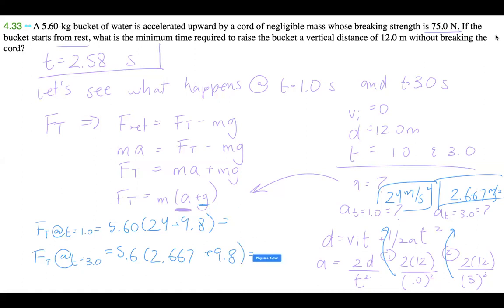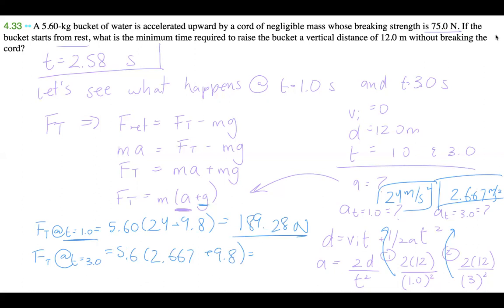And when we plug those values in, for this one, I'm getting the tension of the cord is going to be 189.28 newtons. That's going to be the tension in the cord and will obviously break when the time it takes to raise this bucket is 1 second.